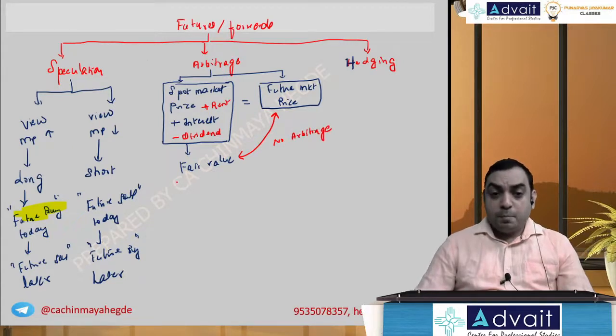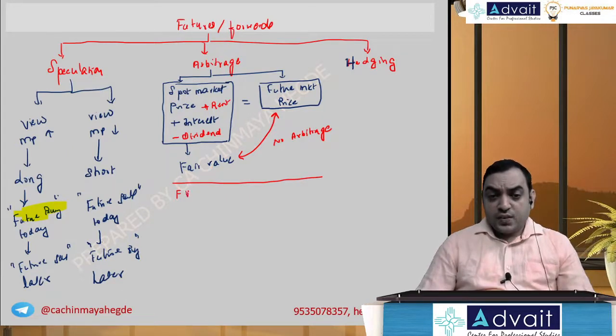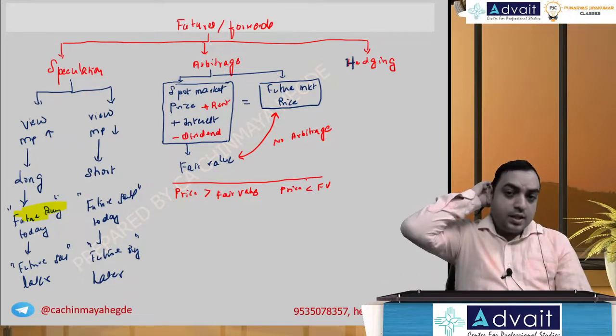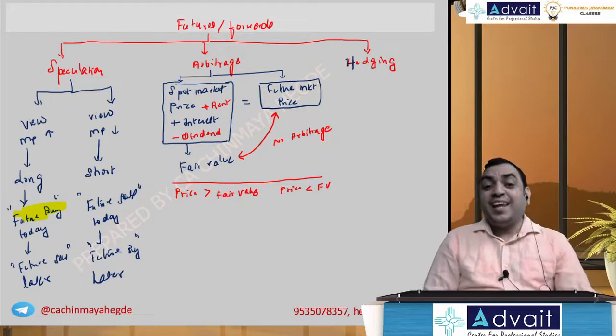But you can think of two situations: price is more than fair value, or the other situation, the actual price is less than fair value. FV means fair value, I use the shortcut. Now, when these two are not equal, the market is not fairly priced.